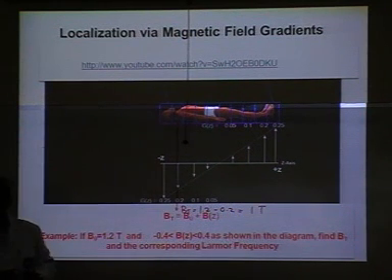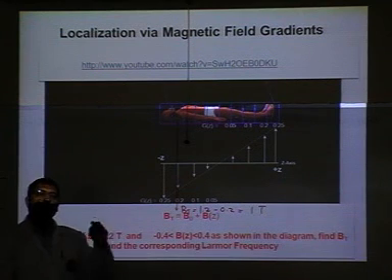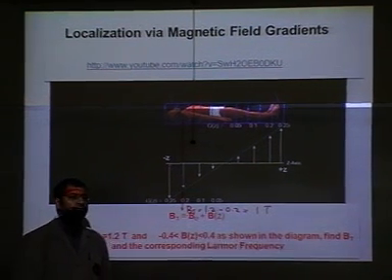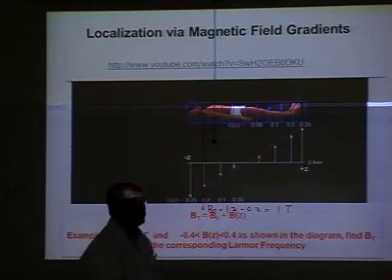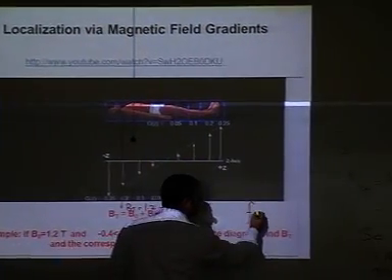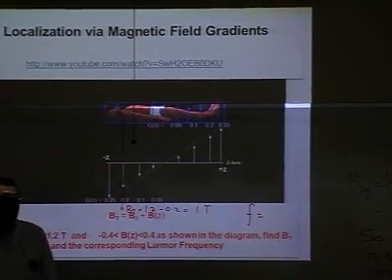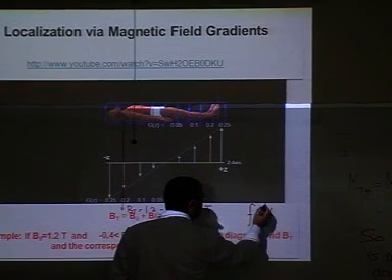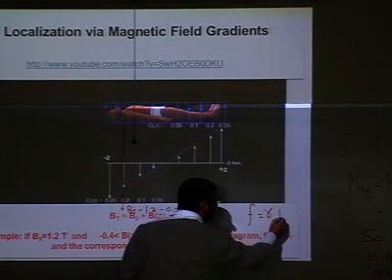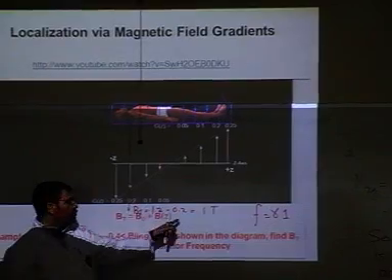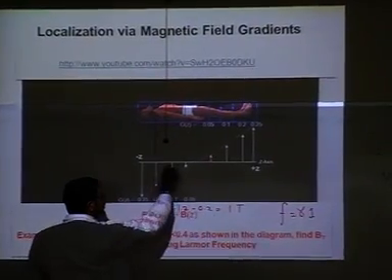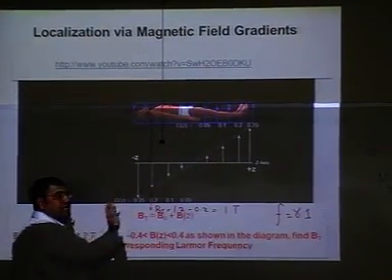If I wanted to image this region here, what should my RF frequency be? F is equal to what? Gamma, which is constant, multiplied by 1, because that's what my magnetic field is. So all of these other regions are not at resonance.